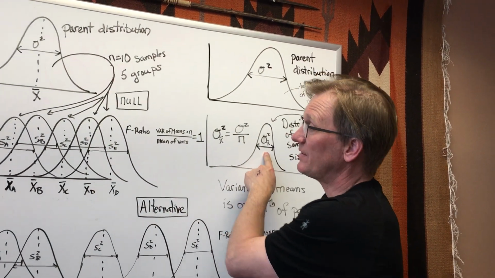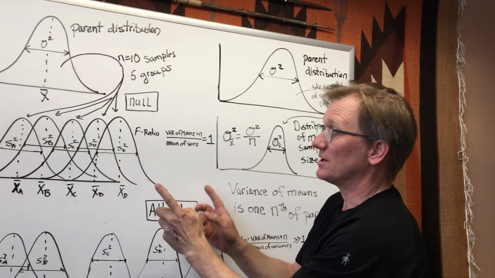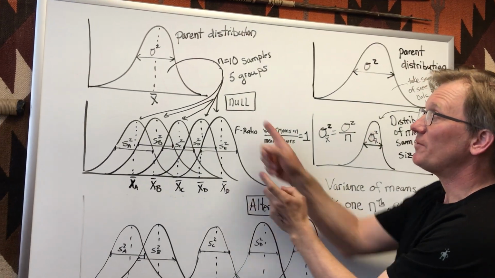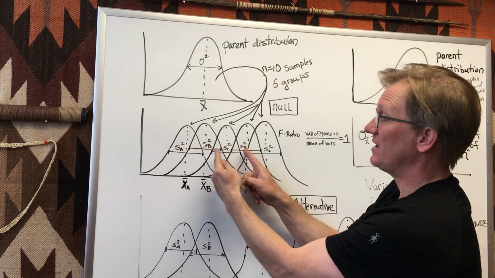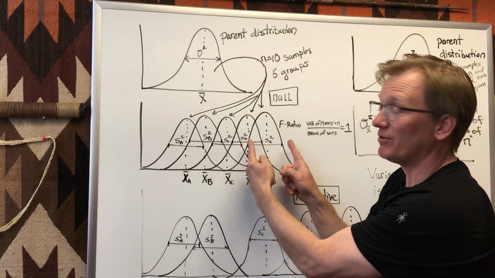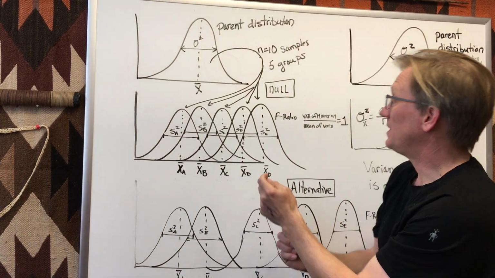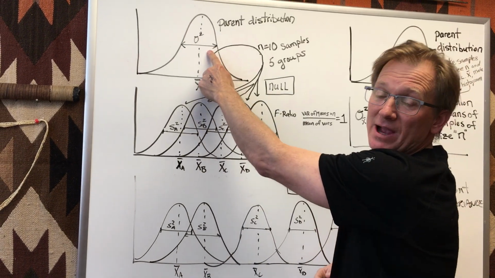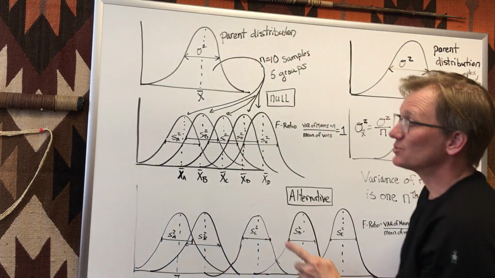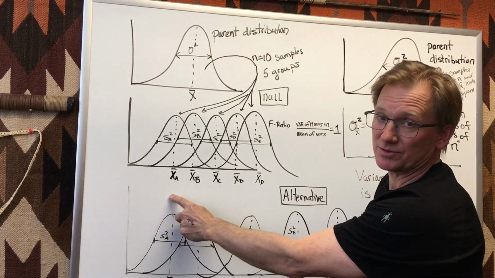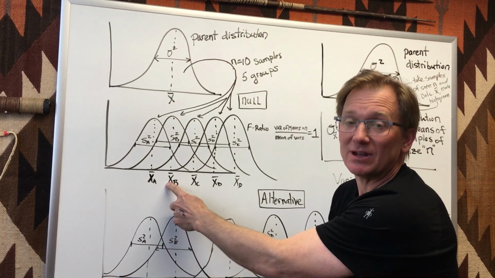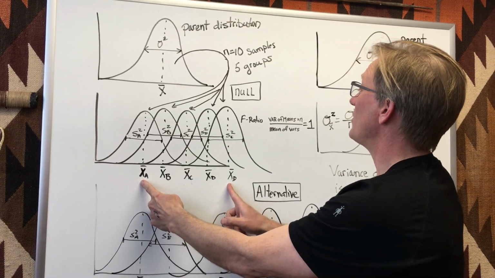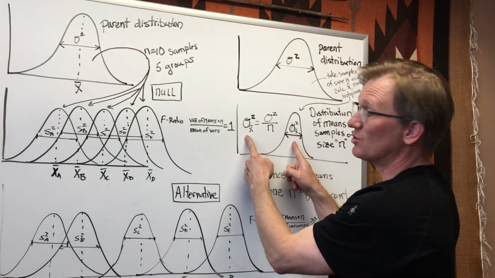So in this case, what we're going to do is assume that when the null is true, the average of the sample variances should be a good estimate of the parent distribution variance, and as well, the means of those samples should also represent a good estimate of the parent distribution variance, but we get there using this equation.